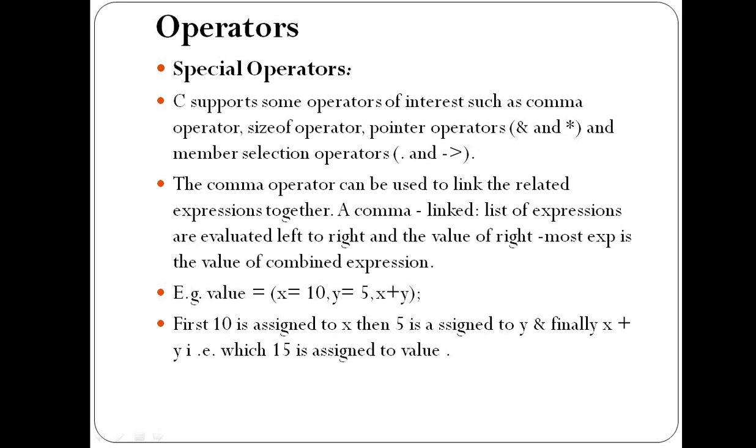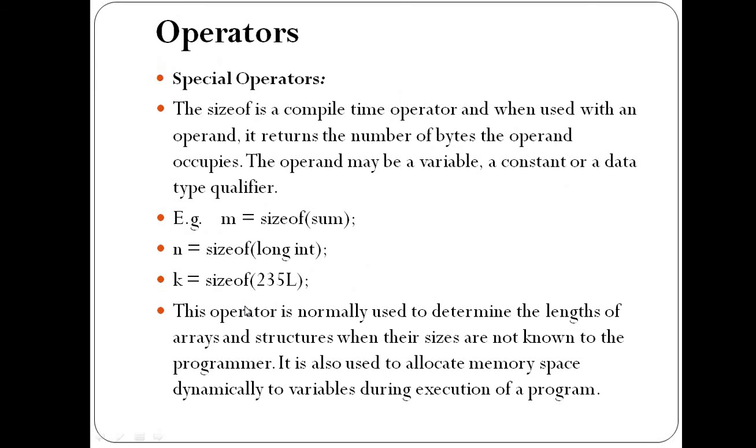Means the comma operator first links the expressions from left to right, and the rightmost expression's value is returned as the combined expression. So x is assigned the value, then y is assigned the value, then the addition of the two is performed, and the addition result is returned as the value. So that is called a comma. Comma is basically used for linking expressions or linking values.